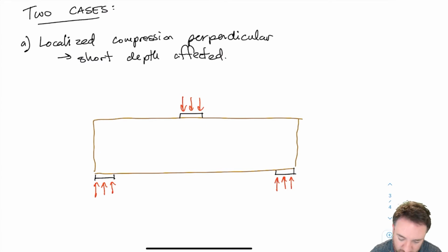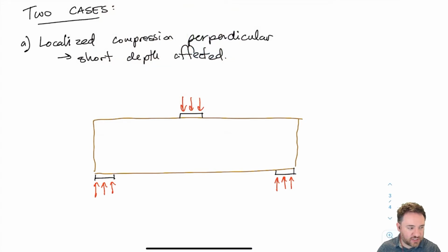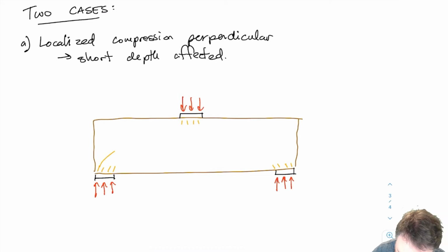Okay, so if we were to look at which way the principal compression stresses go, at the top, we definitely have stress going straight downward, right? And at the beam reactions, we know that there has to be compression stress as well that's holding up the beam, compression perpendicular. But in between these, we have some turning of the principal compressive stress.